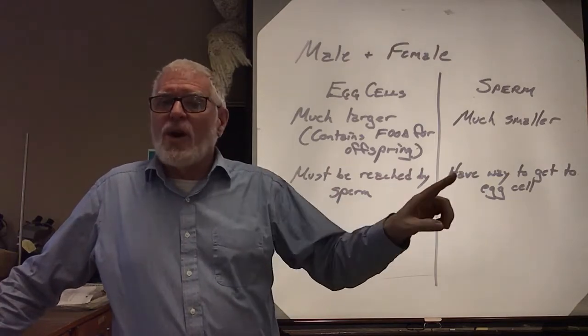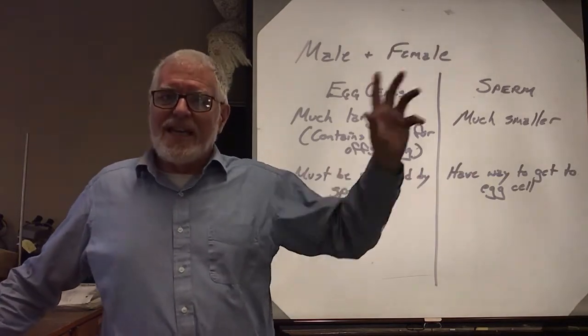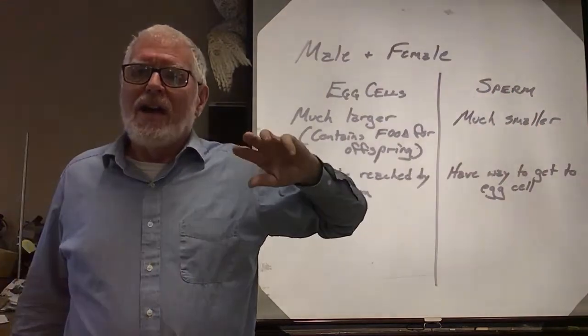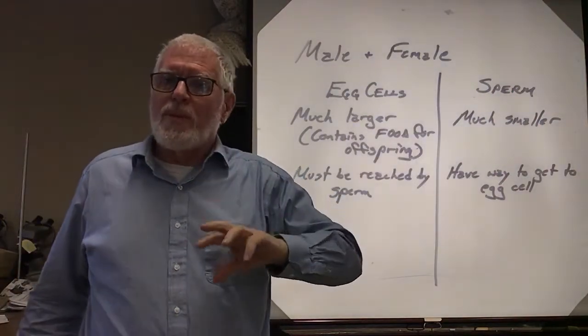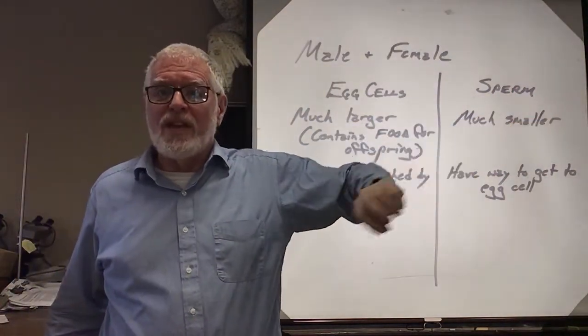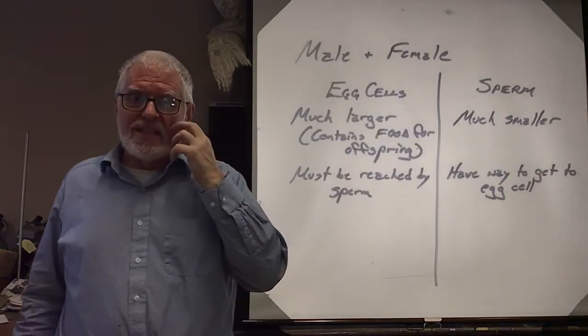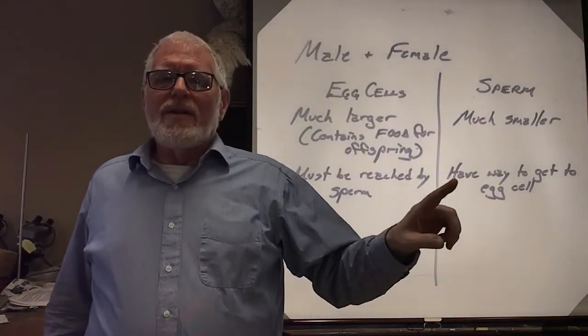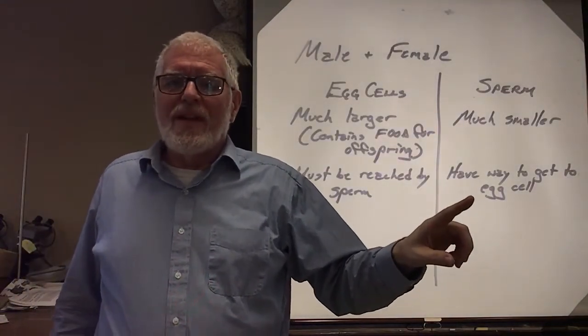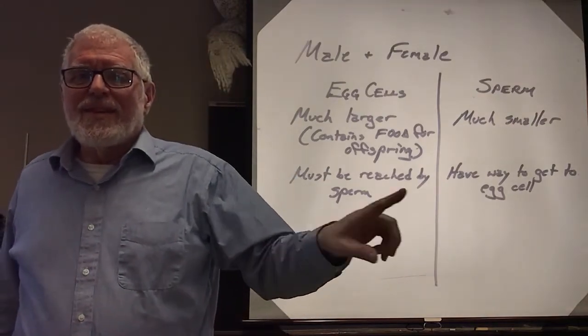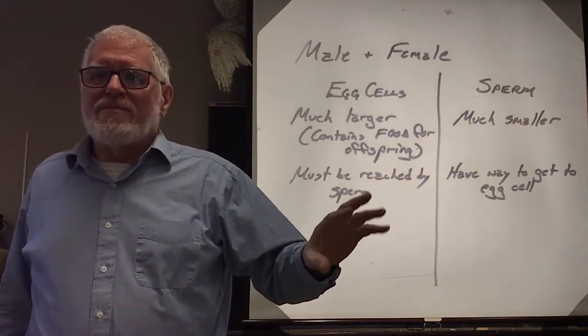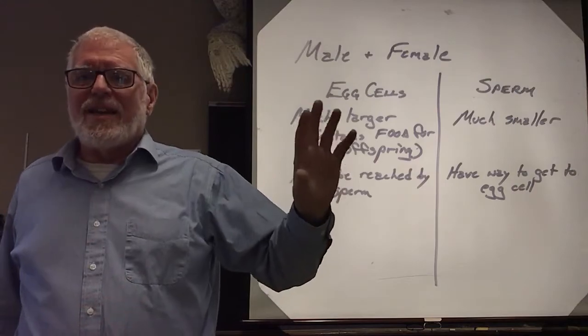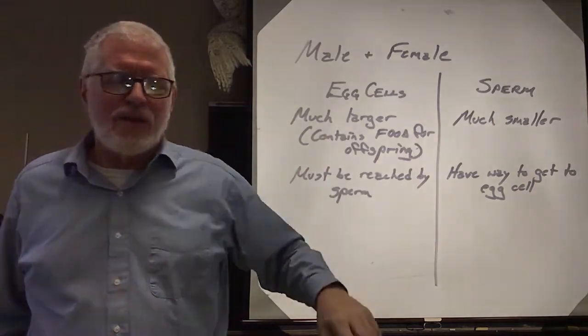And the pollen has a whole bunch of different ways to get to where the egg cells are, from the flower where the pollen's produced to another flower where the egg cells are waiting in the base. So this is not always swimming. And these guys are not moving much. Wherever they are, the sperm have got to get to them.